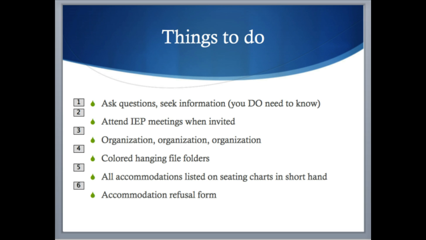And you should also receive a list of accommodations, so what it is that you're supposed to do as a teacher to support that student. In my experience, if that is all you rely upon, you are generally not going to have enough information to be maximally effective in supporting the student.